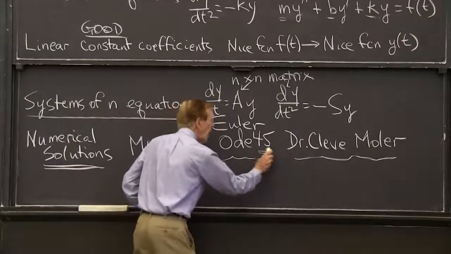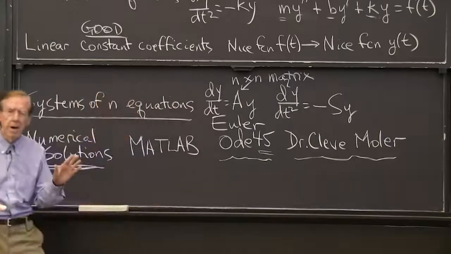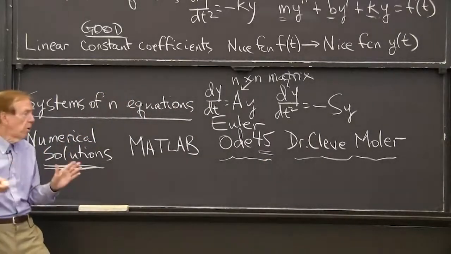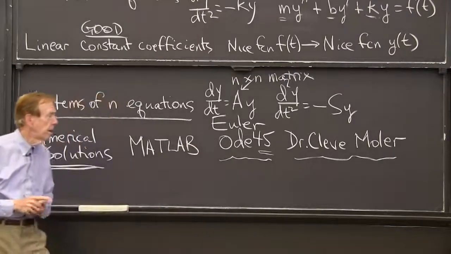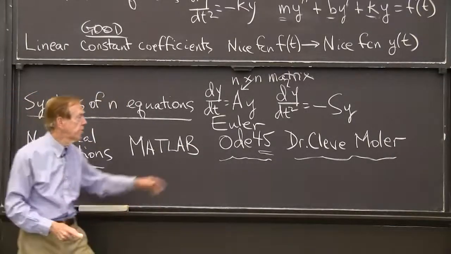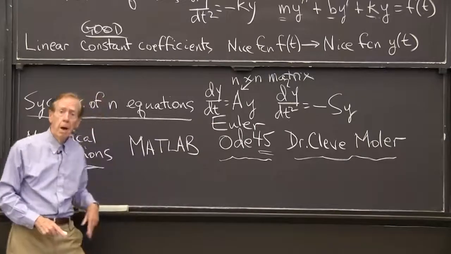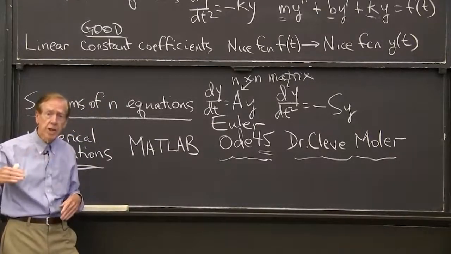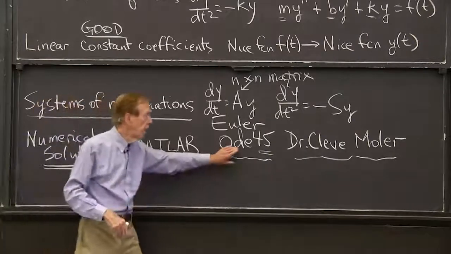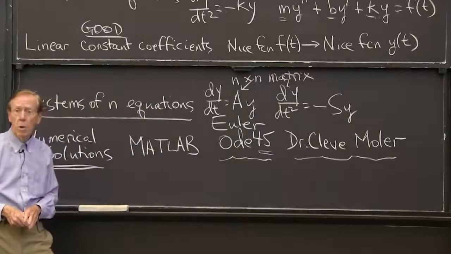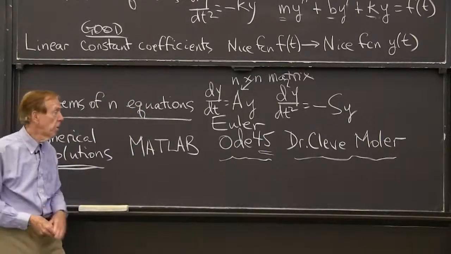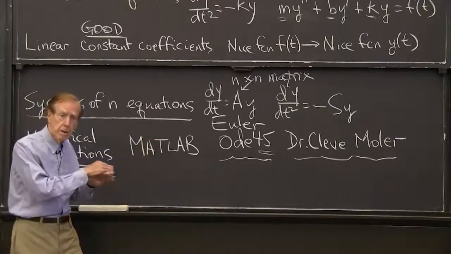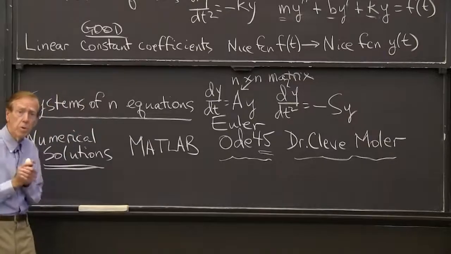ODE45, that 4 and 5 indicate a much higher accuracy, much more flexibility in that package. So starting with Euler, Cleve Moler will explain several steps that reach a really workhorse package. So that's a parallel series where you'll see the codes.